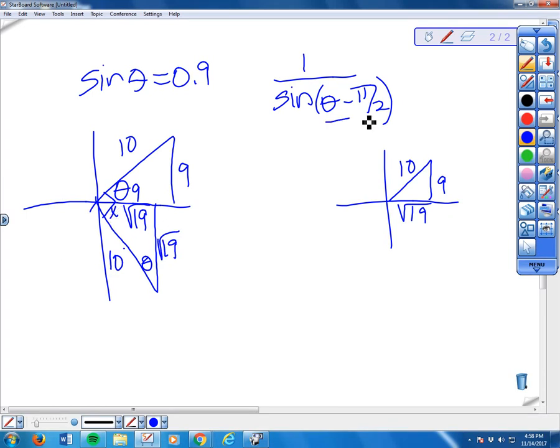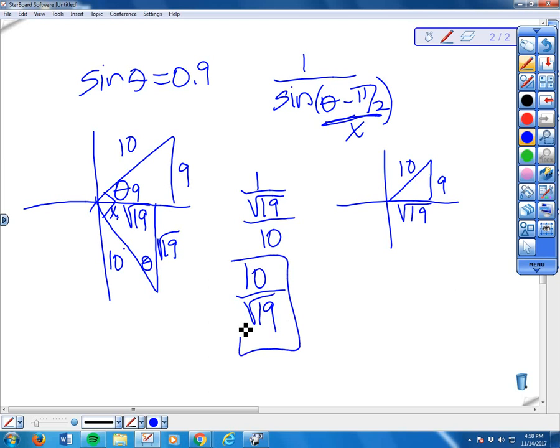That's this new angle here. So I want 1 over sine x. X is this angle. Sine of that is the square root of 19 over 10. So I want 1 over the square root of 19 over 10, which is 10 over the square root of 19. Sorry to confuse you there.